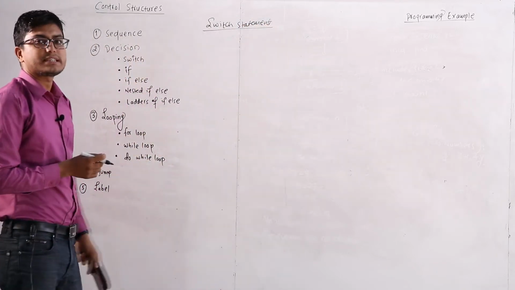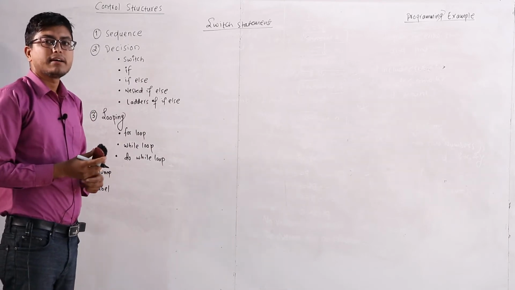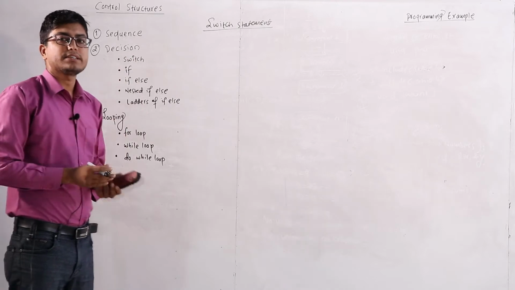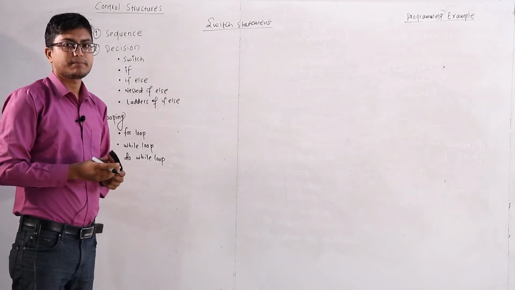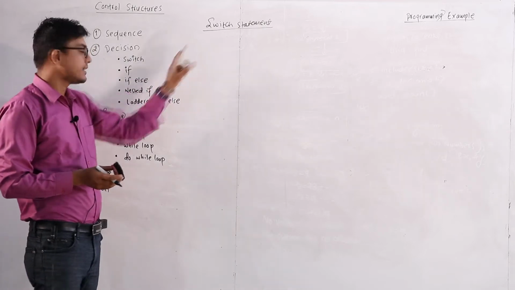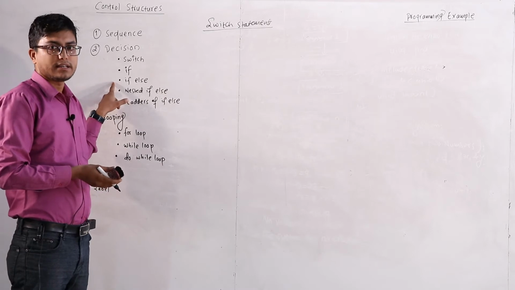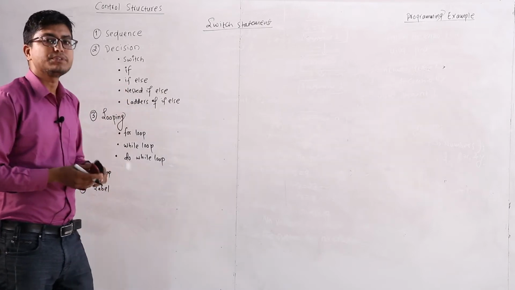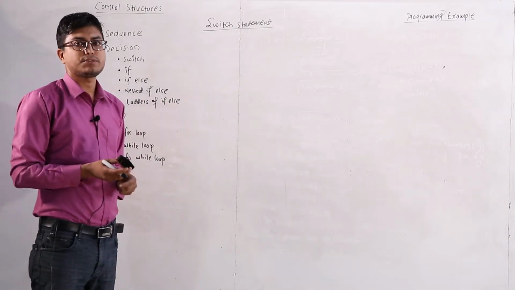So what is the switch statement? If there are a number of conditions, but among these conditions you have to execute only one statement, then the switch statement is used. This switch statement is the replacement of nested if else or multiple if else conditions. So if you have to use multiple if conditions or nested if else, then you can use the switch statement.